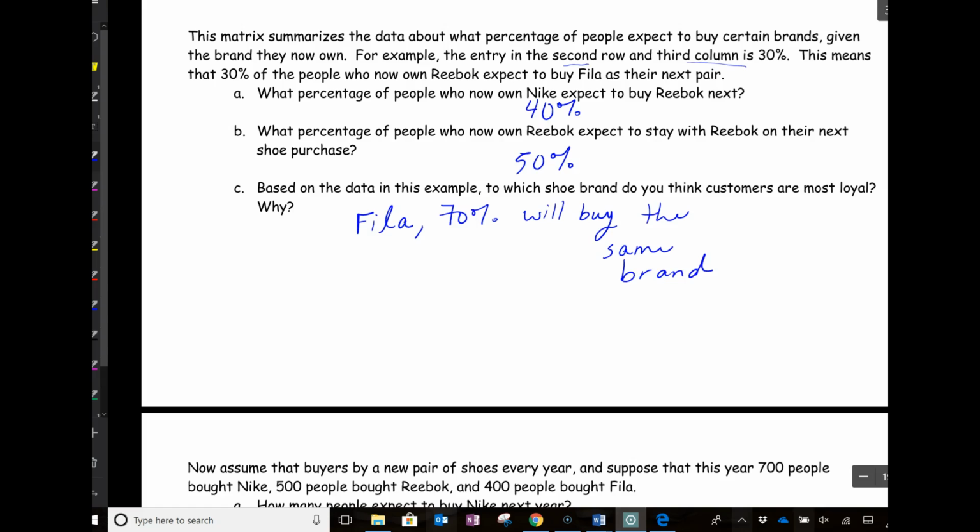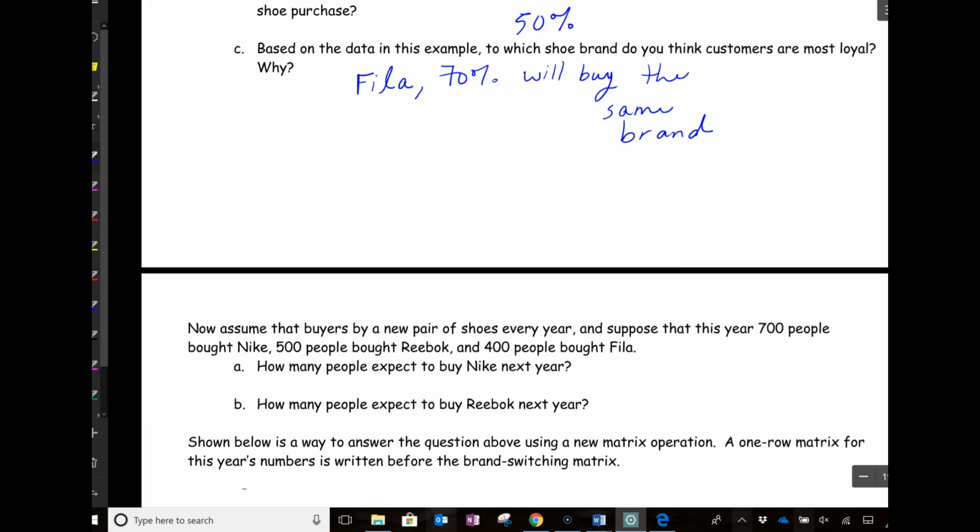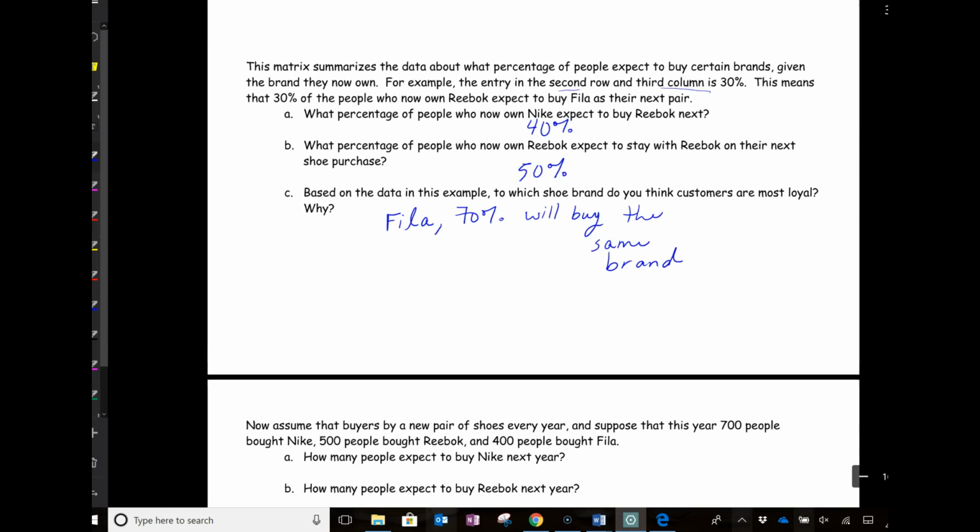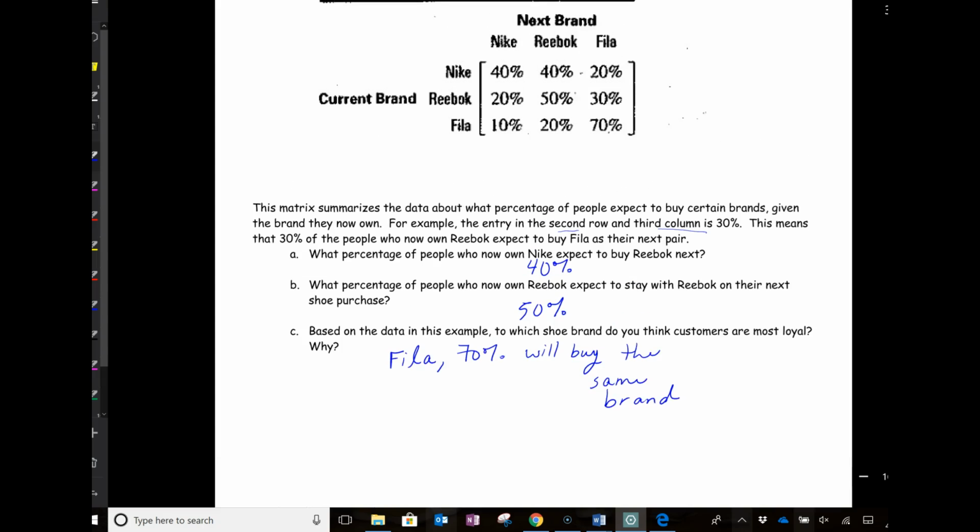Okay, now assume that the buyers buy a new pair of shoes every year, and suppose that this year 700 people bought Nike, 500 people bought Reebok, and 400 people bought Fila. How many people expect to buy Nike next year? So I'm going to bring it back so I can revisit that matrix.